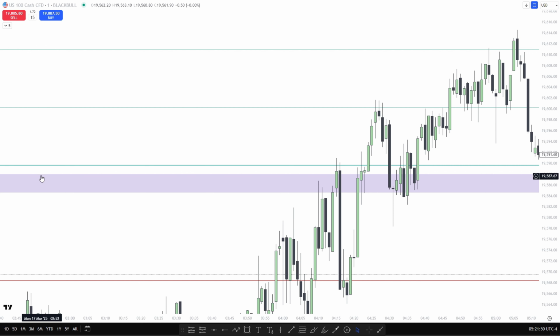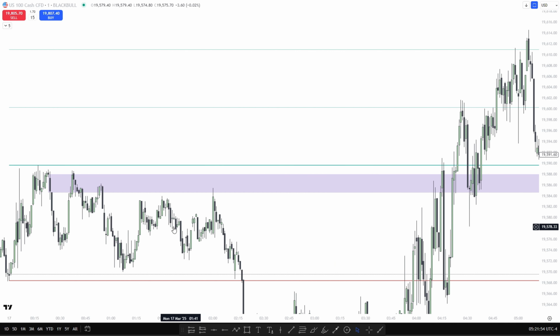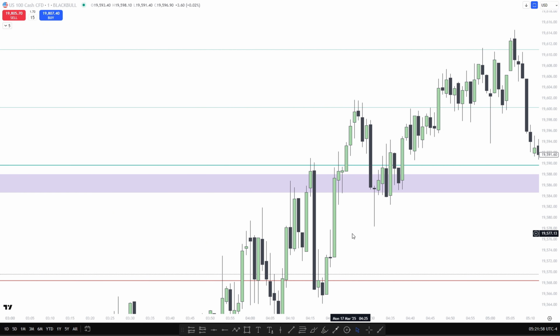So this is a CB here, marked in purple. Remember, the largest displacement from 12 to 12:30. So we expect it to act as an inversion. What do we see here? Price closes first above this CB.